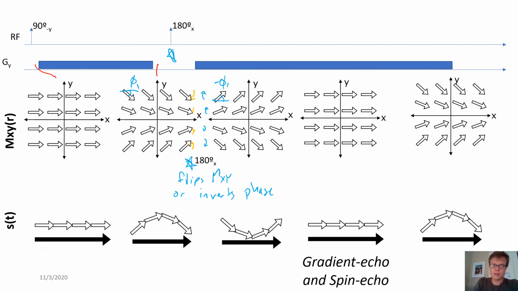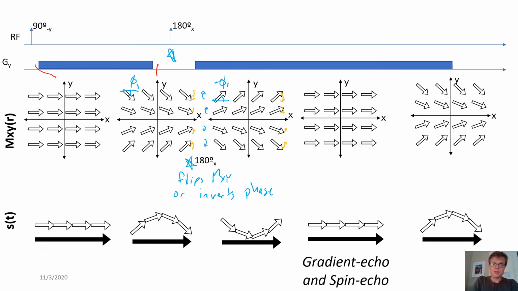So then, to get our gradient echo, we can actually apply our magnetic field gradient in the same polarity and get the same, note the directions of rotation are always the same across all of these illustrations here.